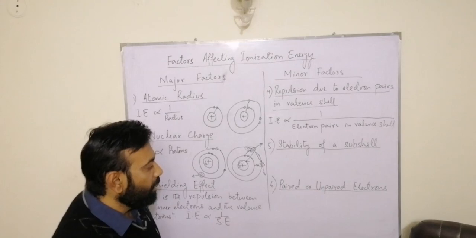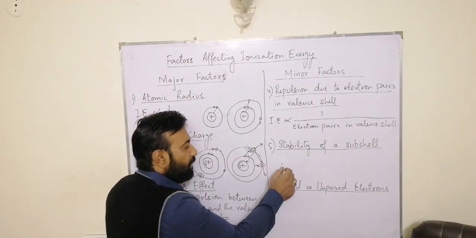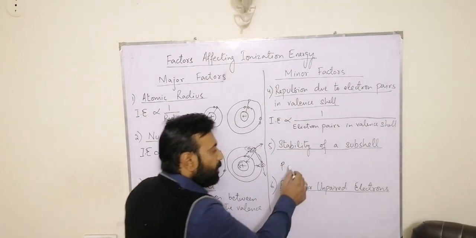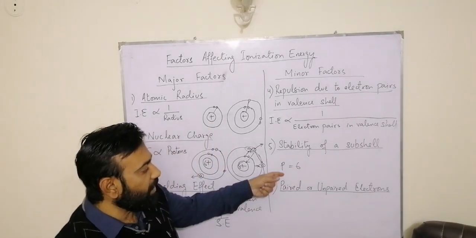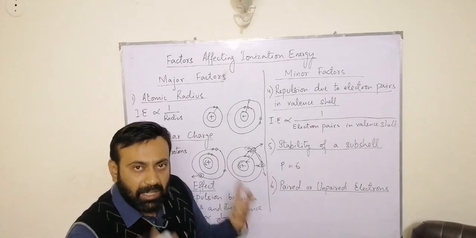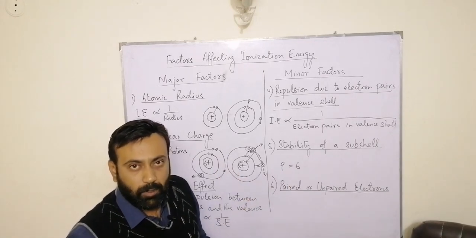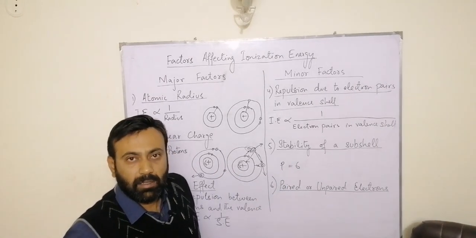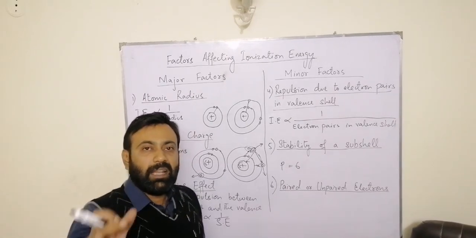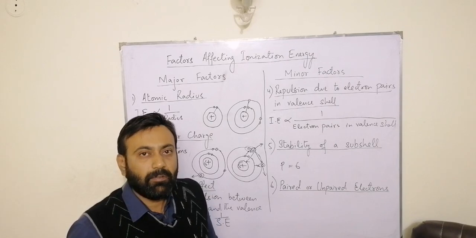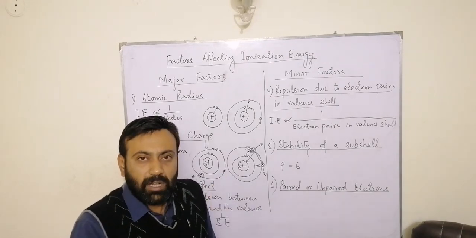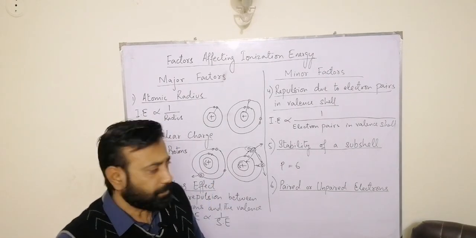For example, we know that the p subshell can hold a maximum of 6 electrons. So if the p subshell is completely filled, that means it contains 6 electrons, then it is completely stable. And if we want to remove an electron from a completely stable subshell, we would need to give some extra amount of energy to those electrons.